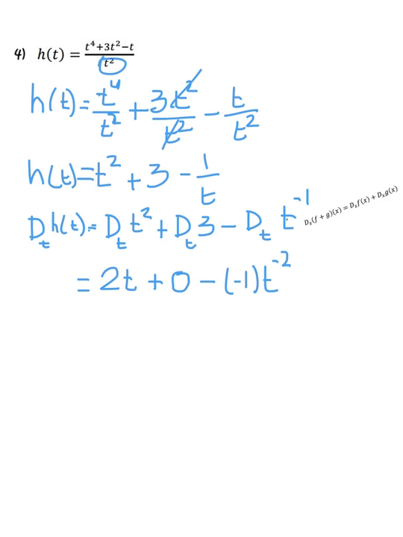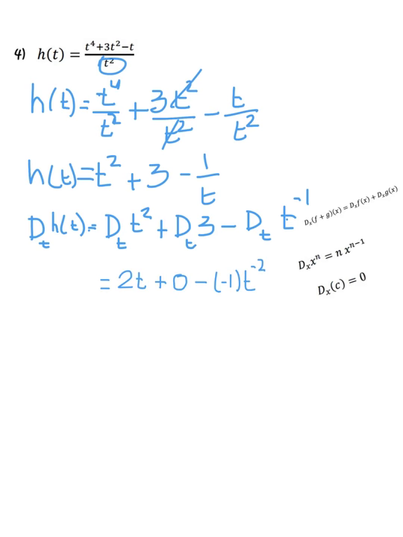In those three derivatives we use, actually, two rules: the power rule and the derivative of a constant rule. The power rule we use on the first and the third terms, and for the second term we used the derivative of a constant. Finally, all we have to do is simplify.